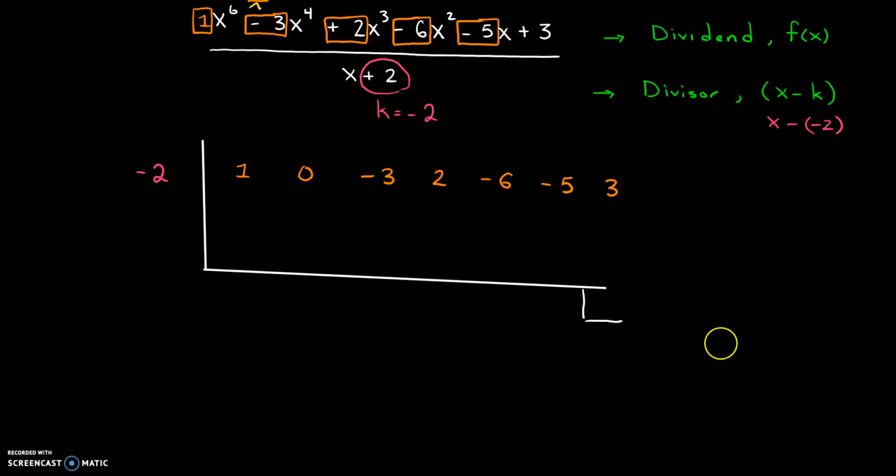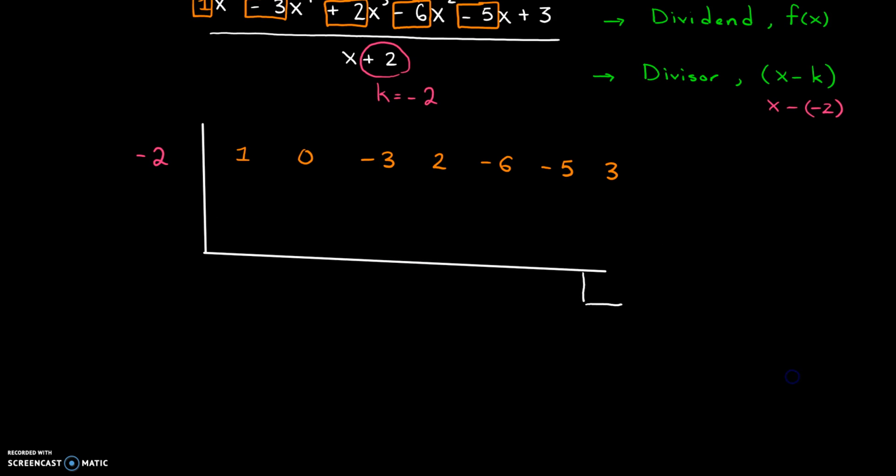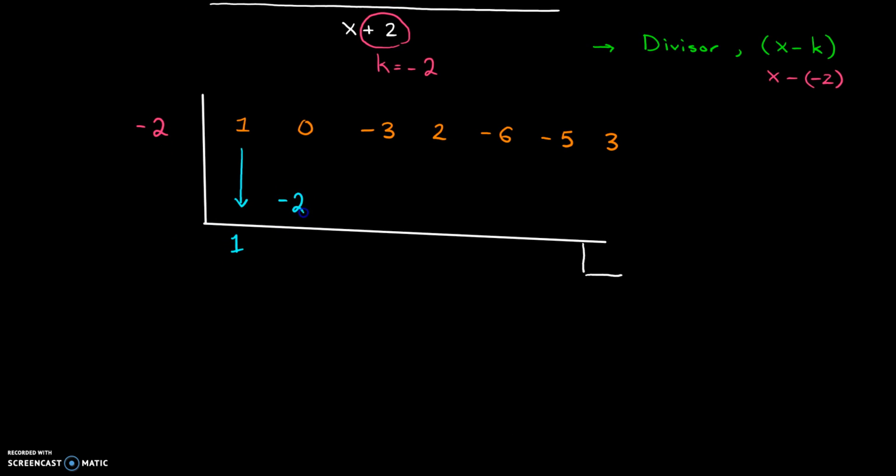And so here is the process. We're now going to divide using this technique called synthetic division. The first step is to drop down this 1. Next, I multiply 1 times negative 2, which is negative 2. Then I combine: 0 plus negative 2 is negative 2.